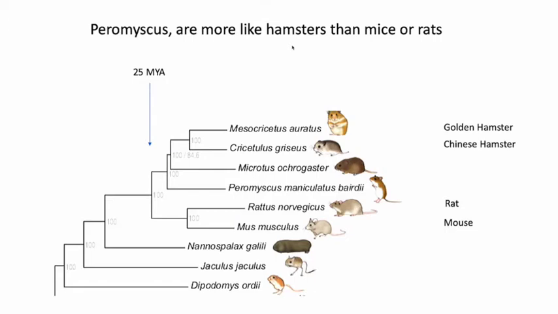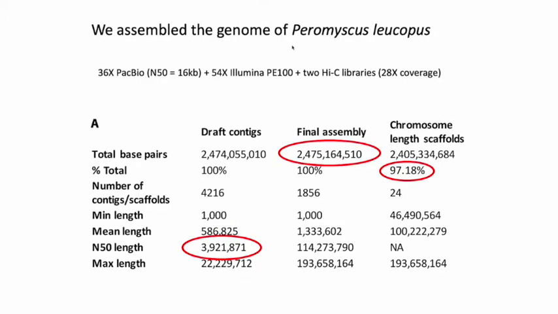We can't even really use the mouse genome because these are pretty diverged species. So it's an example where I got into this, and although I'm a population geneticist, we decided the first thing we had to do was actually do a genome assembly for this species, and I'll talk a little bit more about that.